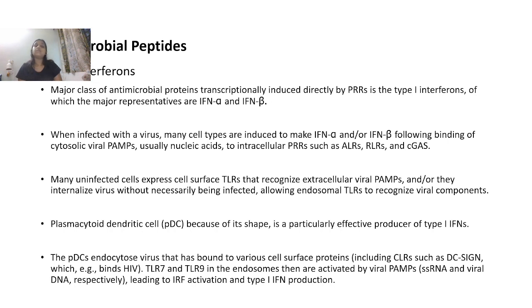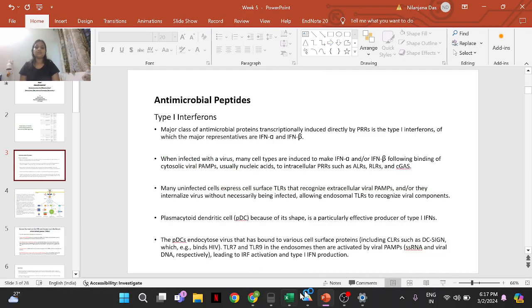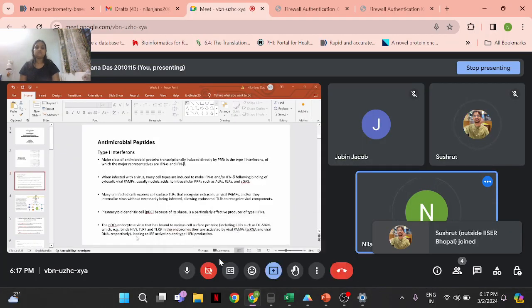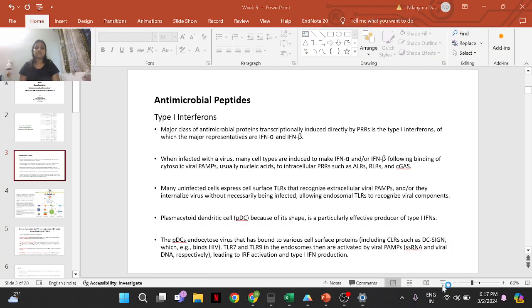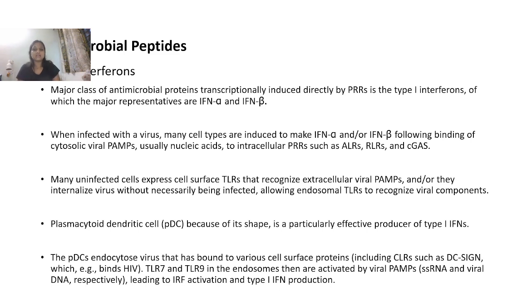Whenever there is an infection with a virus, many cells can induce the production of IFN alpha or IFN beta following binding of cytosolic viral PAMPs, usually nucleic acids, to intracellular PRRs such as ALRs, RLRs, and cGAS.